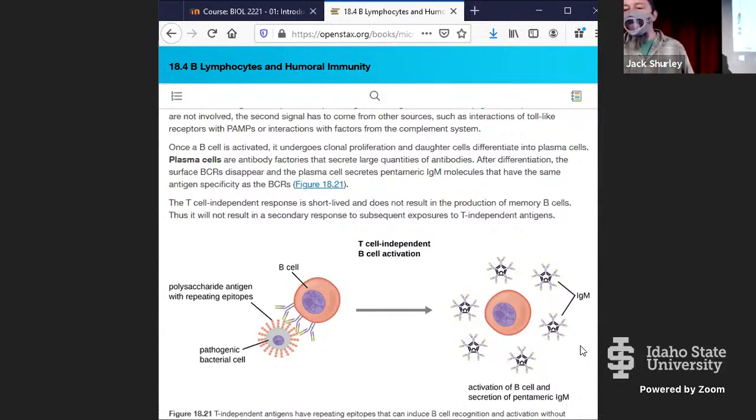So these IgM molecules, or respectively the IgG that's going to be pumped out a little bit later, the antigen binding sites on these immunoglobulins are the same as the antigen binding sites on the surface of the B cell. It's the same signature, it's the same key. It's like a little key factory, pumping these things out so that we recognize the same thing as we start trying to respond.